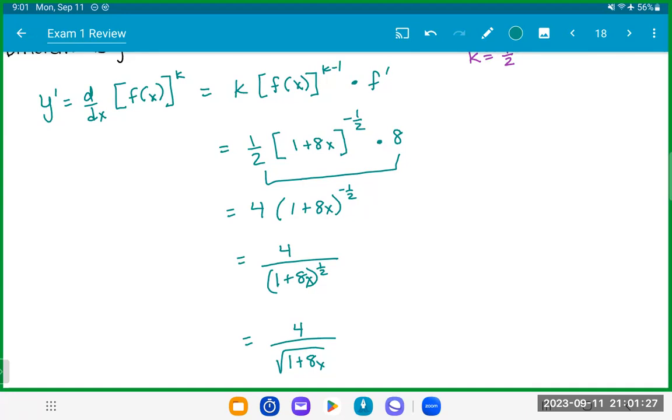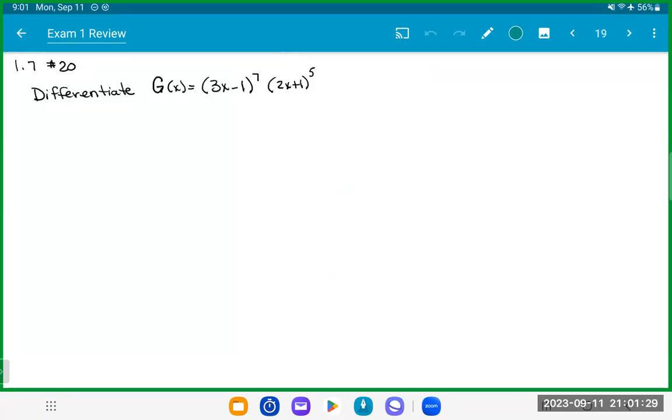All right. So for this problem, we are looking at using the extended power rule twice in conjunction with the product rule. So my first function, my f, is (3x − 1)^7. My g function is (2x + 1)^5.